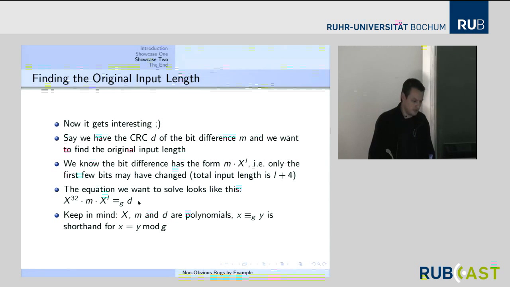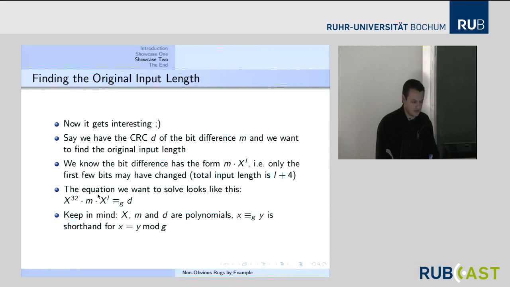Basically, we can form this equation here. The x to the power of 32 is only for technical CRC-related implementation reasons, not interesting here. What we have is our CRC value must be something like m, some message, times x to the power of some large value, because there are quite some 0 bits in the end.